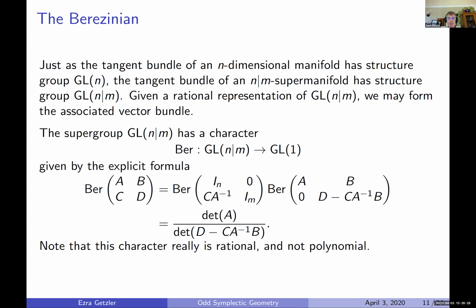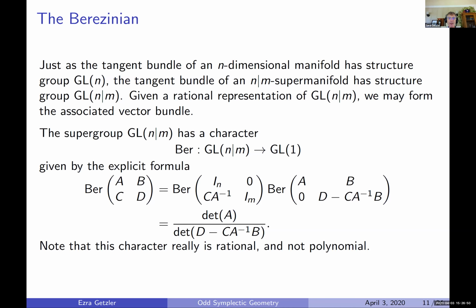GL1 is just a group, by the way. So it's just some even graded function, a global section of the structure sheaf over GL(n|m), which happens to define a homomorphism to GL1, okay? So in particular, on the underlying manifold, it's nowhere vanishing.